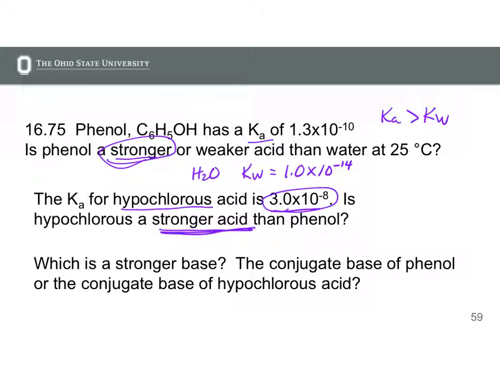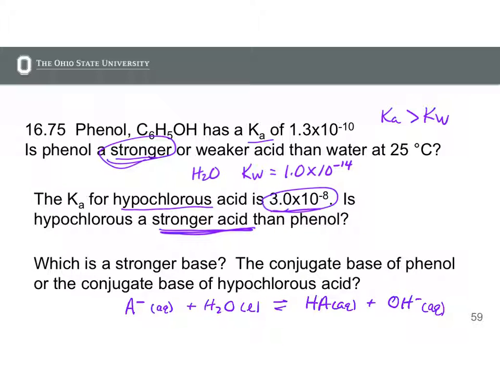If we were to compare the basicity of the conjugate base of phenol to that of hypochlorous acid, we could determine which is stronger. So the conjugate base, in this case, let's just think about a generic conjugate base, A-. When we put that in water, our equilibrium is going to be with HA and OH-.